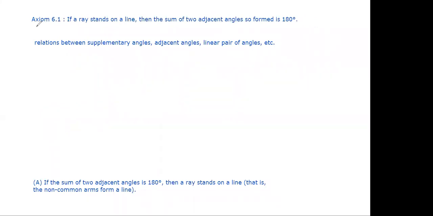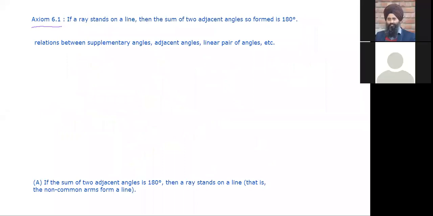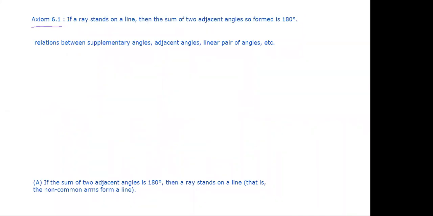All right. Now, students, it says Axiom 6.1. If a ray stands on a line, I hope you do remember what a ray is. A ray has one fixed point and the other point is not fixed.